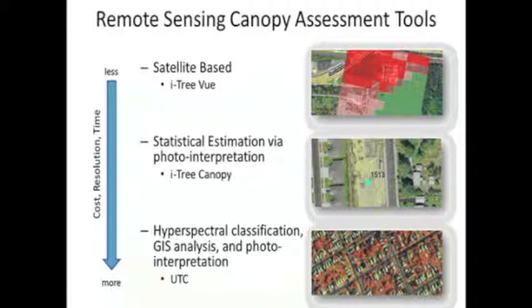You get down to hyperspectral overflights and additional GIS analysis to check it, and with the labor and time involved, you're getting into more costs. So keep in mind, View is kind of the door opener for people to begin investigating their urban forest benefits, and also for those areas of the country that simply don't have the data or the money to generate the data.